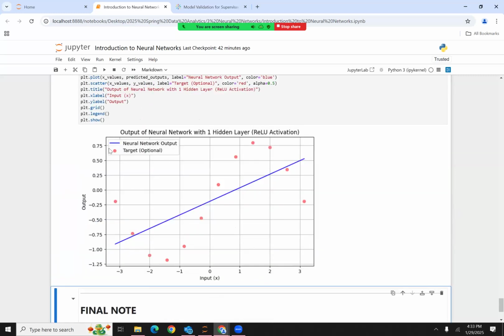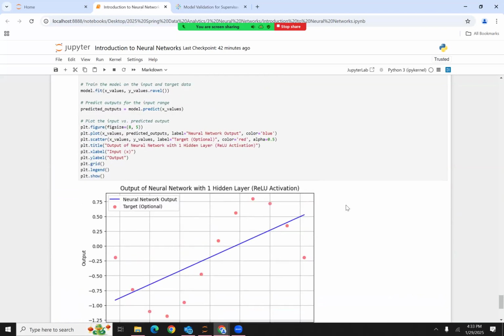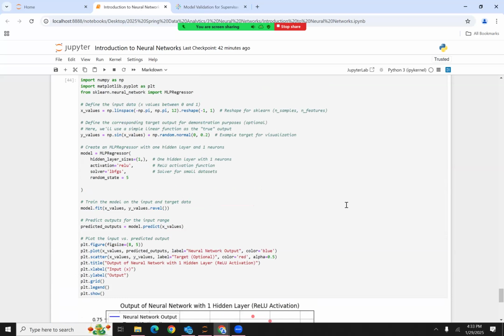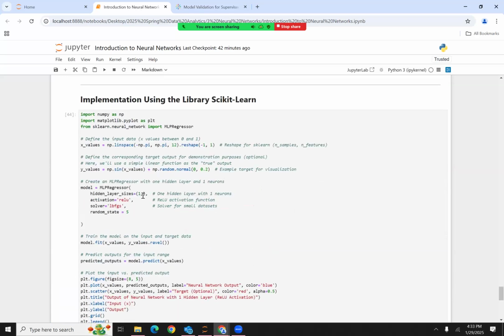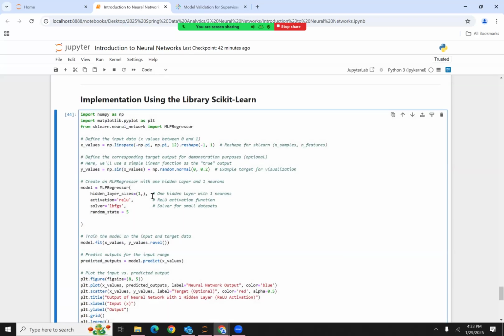All right. So here you can see on the y-axis is my target set of variables or target data shown in these red dots. You can see that it approximates a sine curve. And on the x-axis is my input. And if I were to choose just one neuron, this is pretty much the best that I can do. Let's try this with a slightly larger number of neurons. Let's try this with maybe 6 neurons.